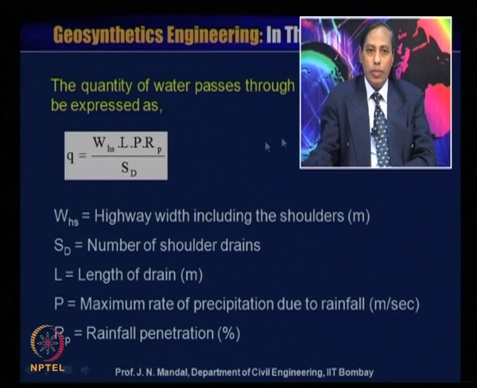L is equal to the length of the drain, and P is equal to the maximum rate of precipitation due to rainfall, and RP is equal to the rainfall penetration, in percentage, and SD is the number of shoulder drains.